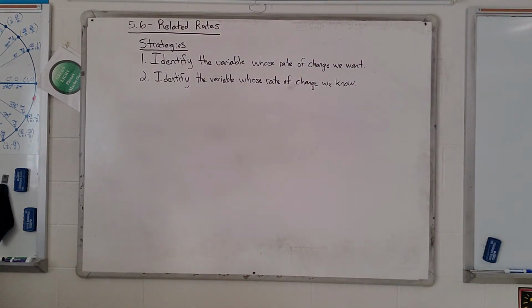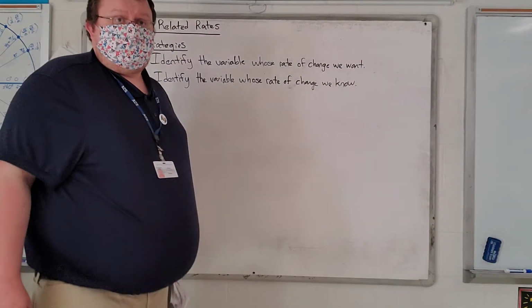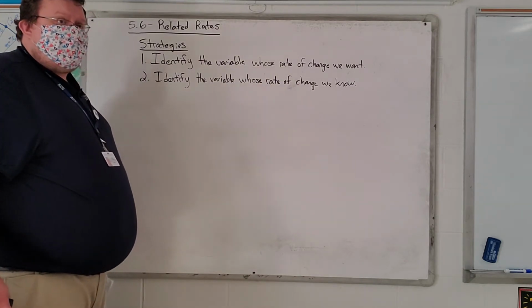Perhaps I know I'm releasing air in this controlled environment, and I'm decreasing the volume of that sphere by, I don't know, -1 cubic centimeter per second. That's going to be a rate of change I know. These are going to be rates of change over time. Things changing over time.